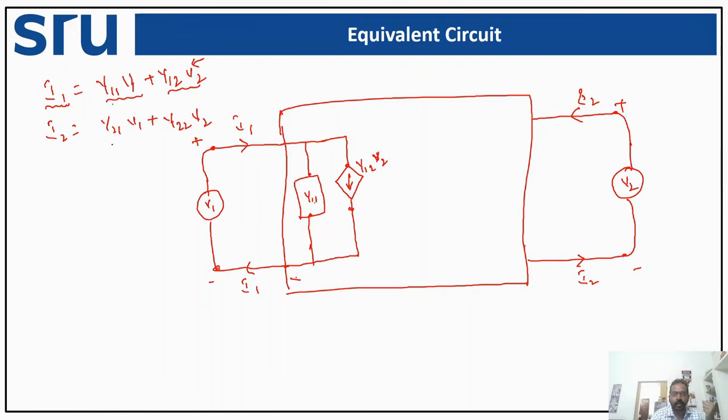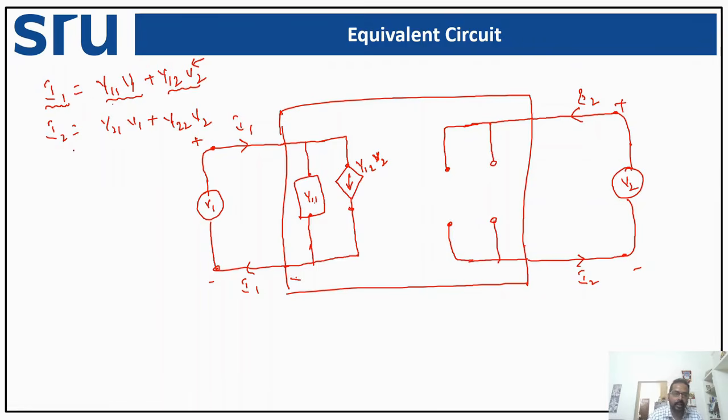Similarly, if we take the second port, the current is getting divided among two parts. So we are going to have two branches connected in parallel in this particular way.